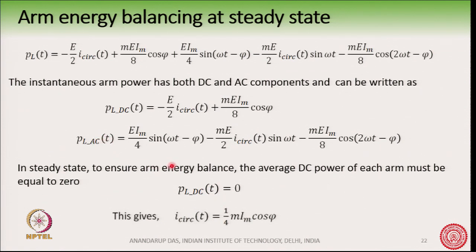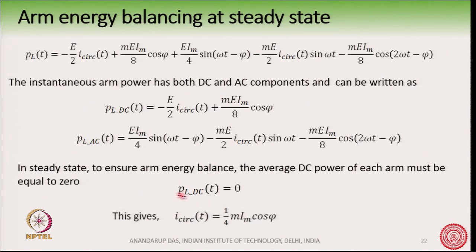This DC component for the lower arm should again be equal to 0 to ensure arm energy balance for the lower arm.